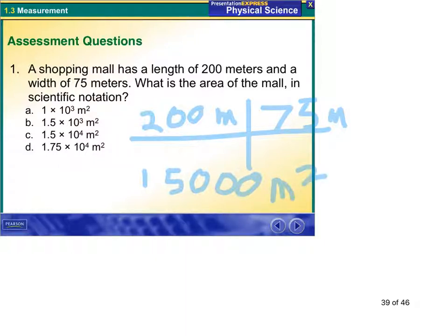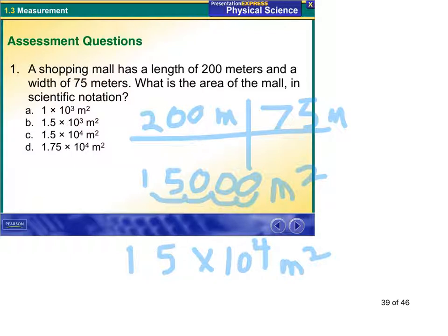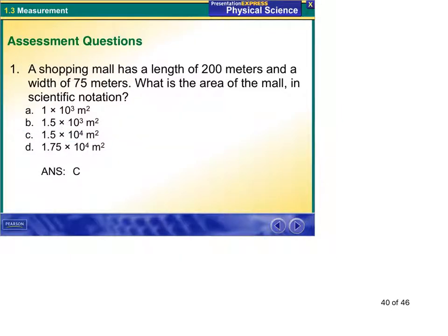So it's 15,000 meters squared. Scientific notation is going to be 1.5 times 10 to the 1, 2, 3, 4, big number, positive 4 meters squared. So it appears that we have an answer of C.